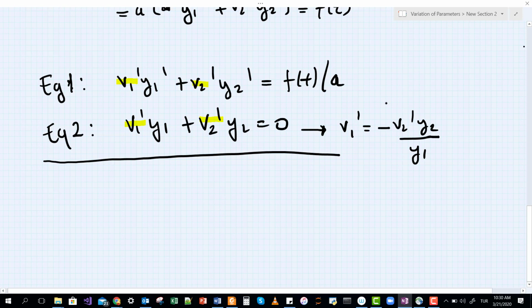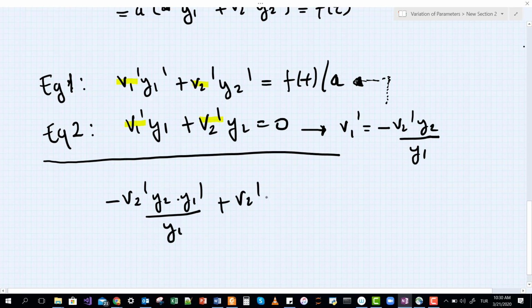And then if I substitute this into the first one, what I would get is negative v2 prime times y2 times y1 prime over y1 plus v2 prime y2 prime, which is equal to f of t over a.